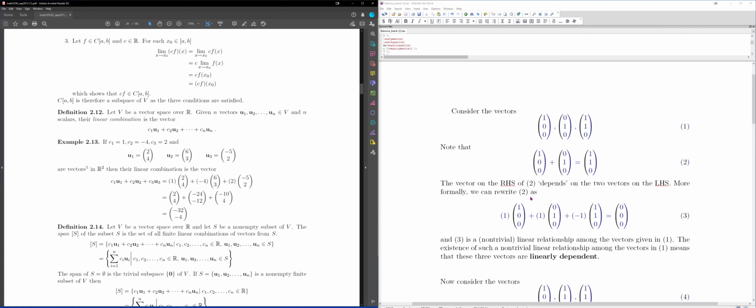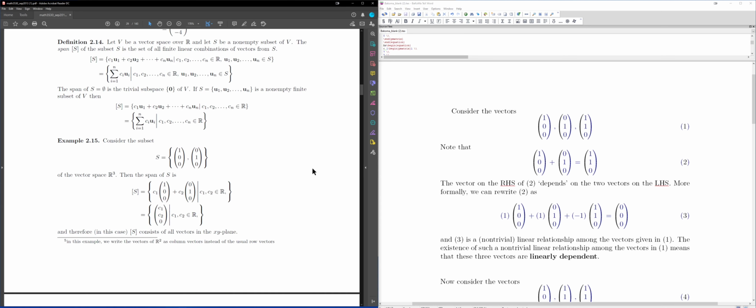So on this left hand side, this is a linear combination of these three vectors, and I'm looking for a specific linear combination that will actually give me 0. This sort of equation is referred to as a linear relationship among your vectors.